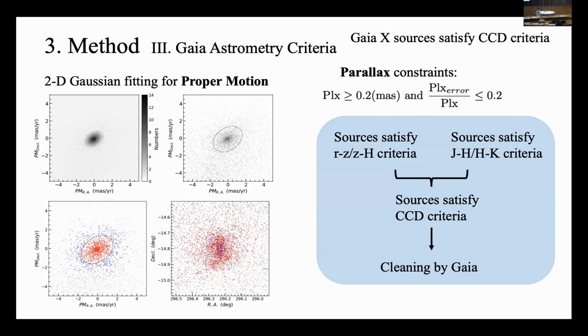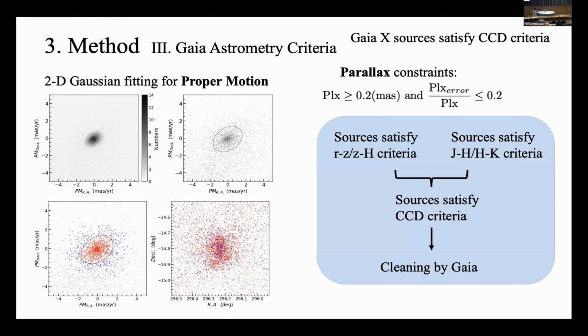Then we obtain these sources, and we further clean them using Gaia astrometric data. This figure shows we make a 2D Gaussian fitting for the proper motion distribution of these sources, and we obtain elliptical constraints as shown by the ellipse in this figure.